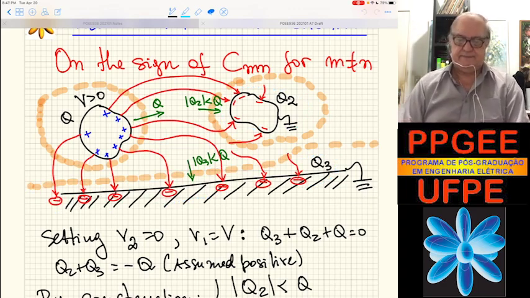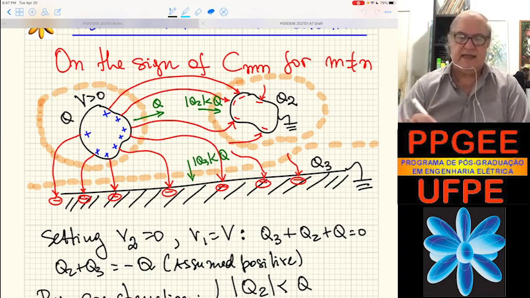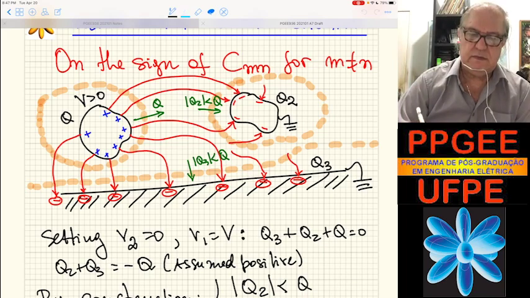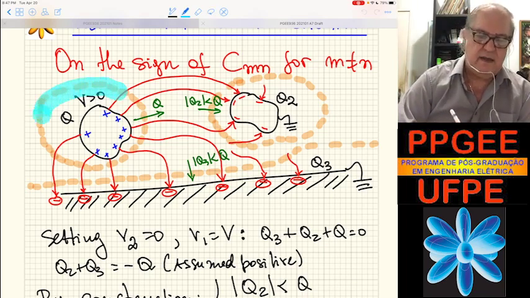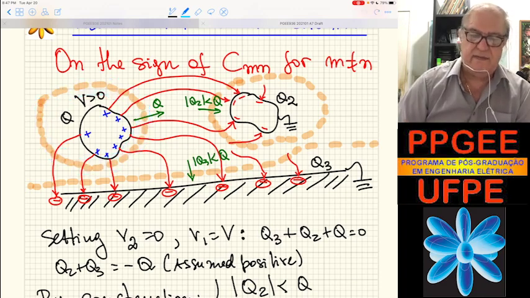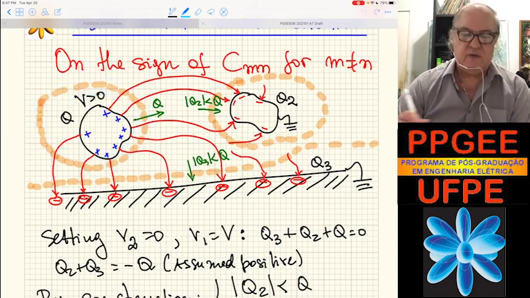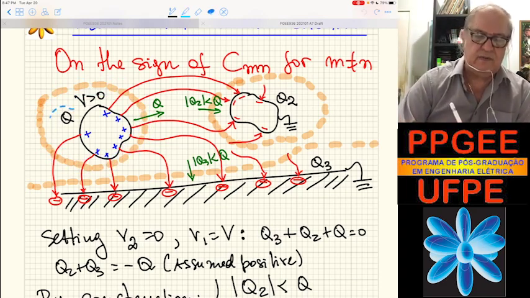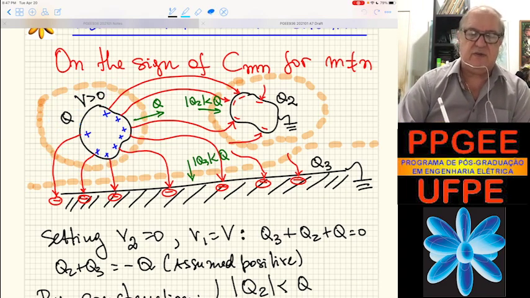What happens? Notice that if you use Gauss's law, with a Gaussian surface on this first electrode, it means that you have Q coulombs going out of this electrode here.